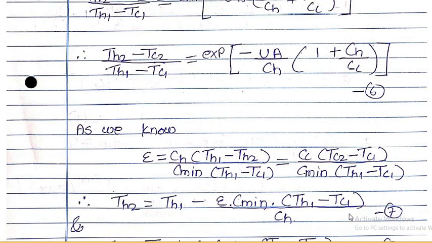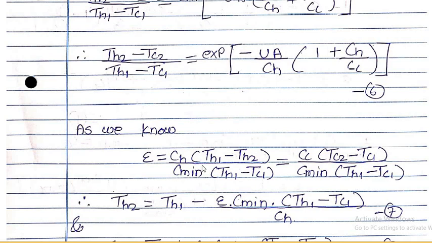Now, as we know, the effectiveness of the heat exchanger is equal to Ch(Th1 - Th2) / [Cmin(Th1 - Tc1)], which equals Cc(Tc2 - Tc1) / [Cmin(Th1 - Tc1)].